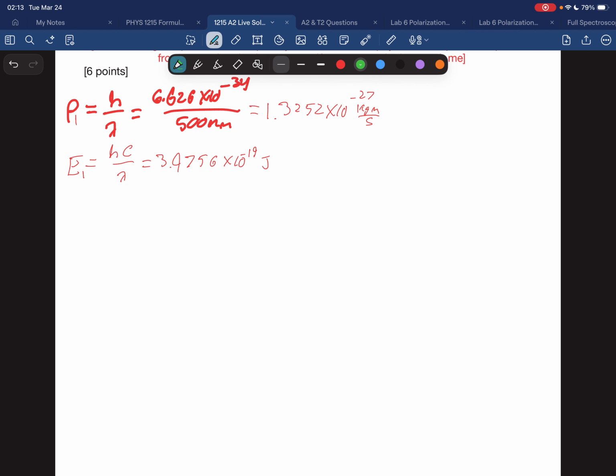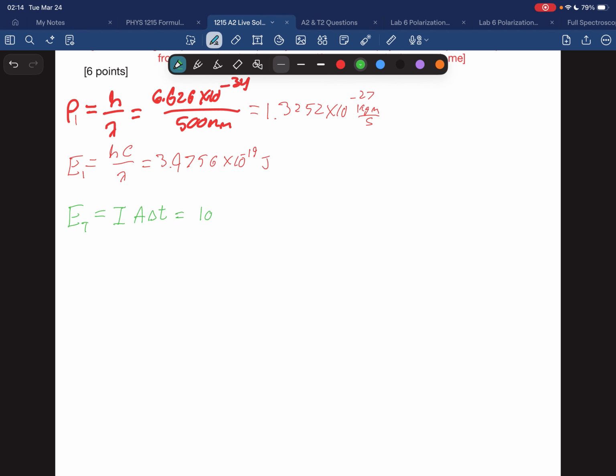So now, let's find the energy of all the photons. For this, we're going to take the intensity of the light, multiply by the cross-sectional area, or in this case, just the area, multiplied by the time length of the exposure.